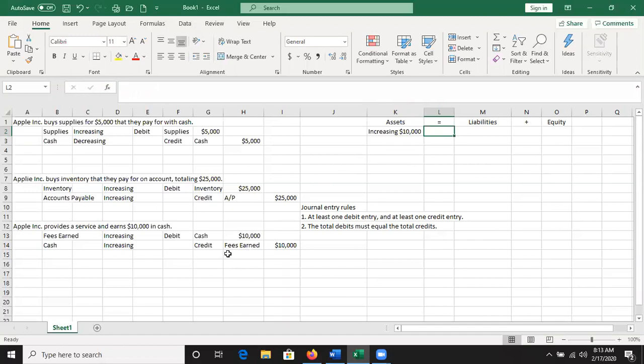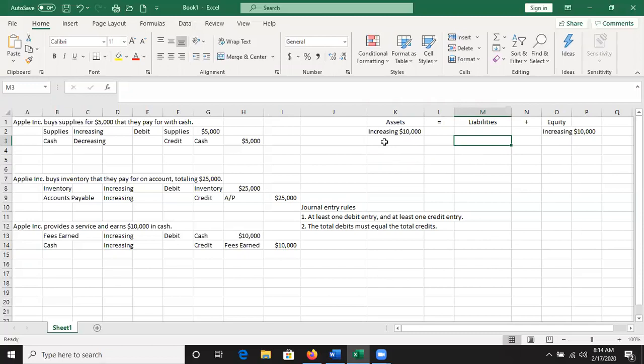Revenues and expenses are part of equity. We credited fees earned, which means it's increasing. So equity is increasing 10,000. So what happened to the left side of the equal mark was an increase of 10,000. What happened to the right side was an increase of 10,000. So the left and the right equal. Okay, they're in balance, and we are good.